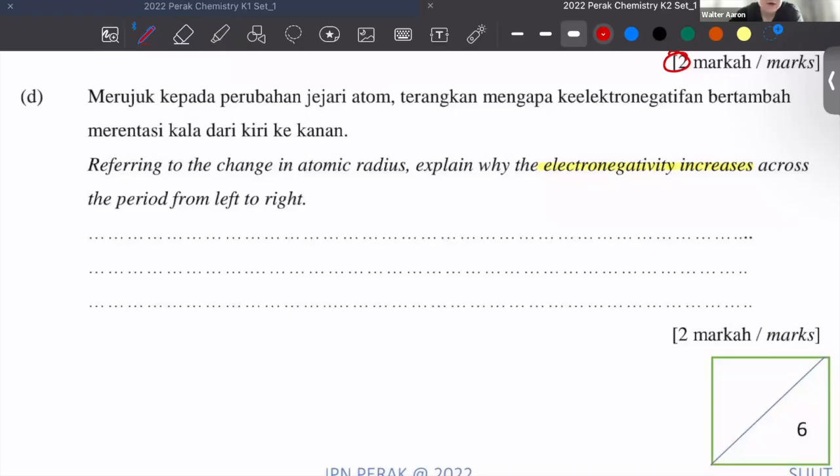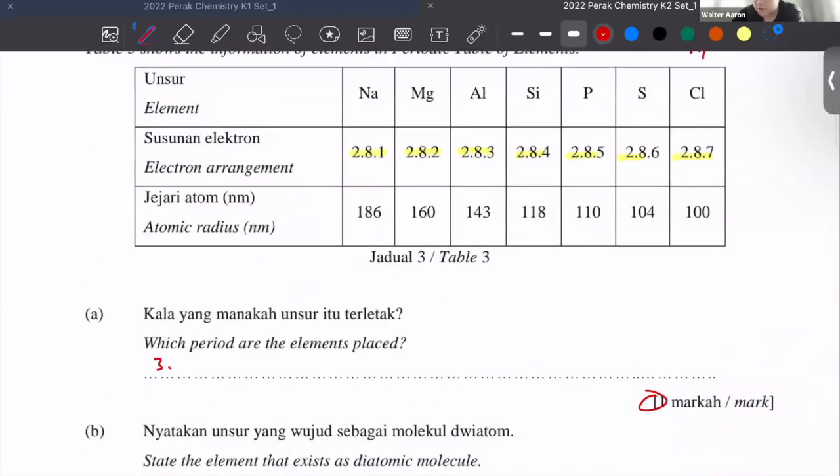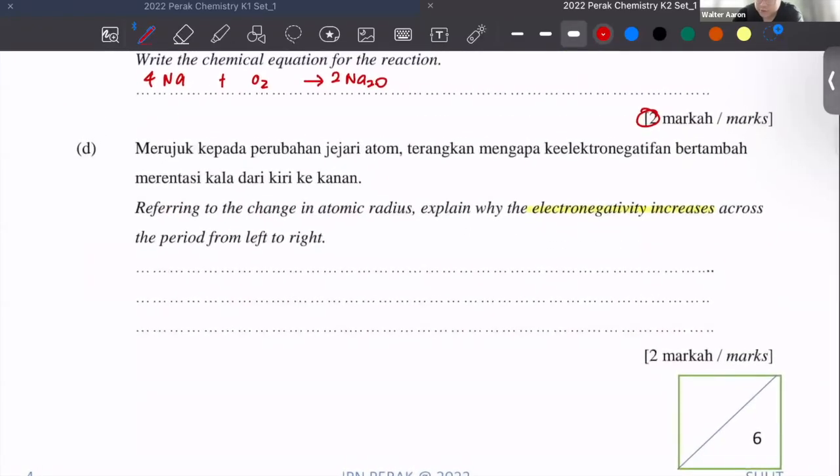So in this case over here, the reason why going from left to right across the period, the electronegativity increases is because they already give you the atomic radius, you see, and apparently the atomic radius decreases from left to right. So that causes the attractive forces from the nucleus towards the electrons on the outside much stronger. Okay, so therefore, it's easier to accept electrons.